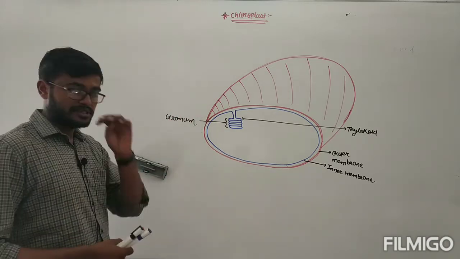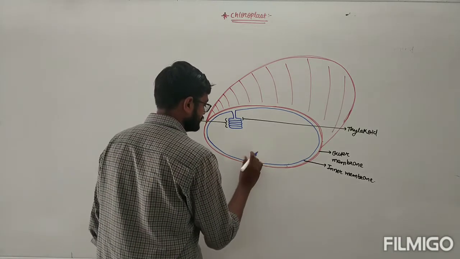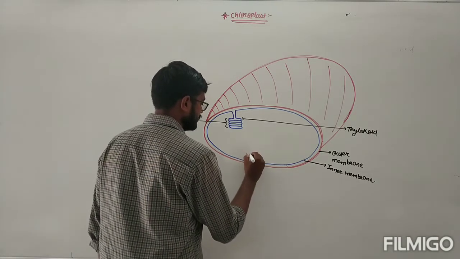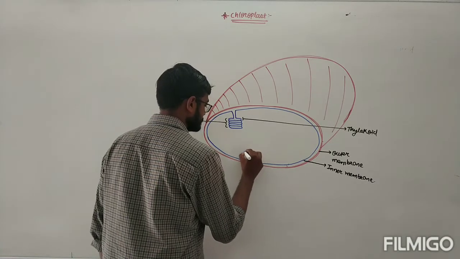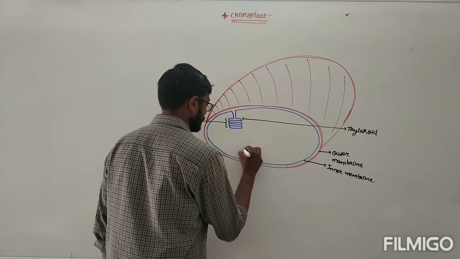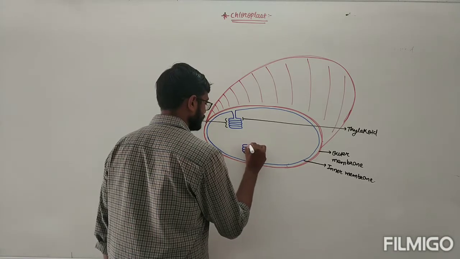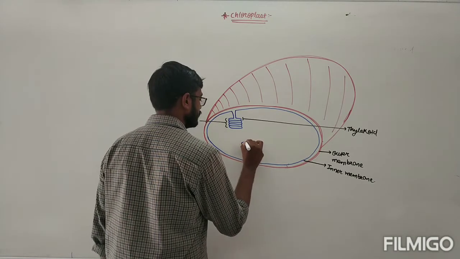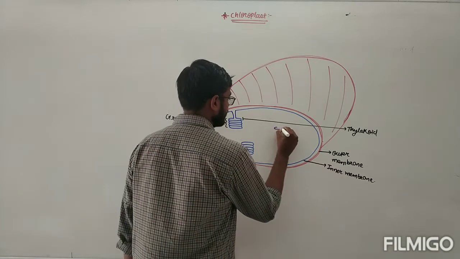Now next to this portion, I am again showing the connection here. This is the portion of connection. These are the group of thylakoids, that is a granum. Again, another granum I am showing.